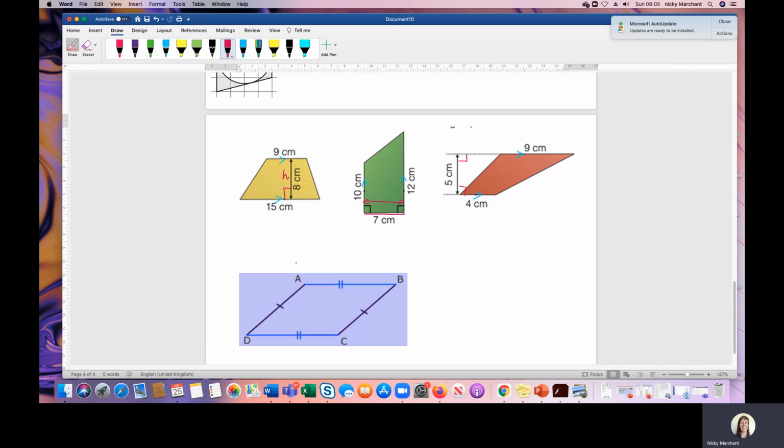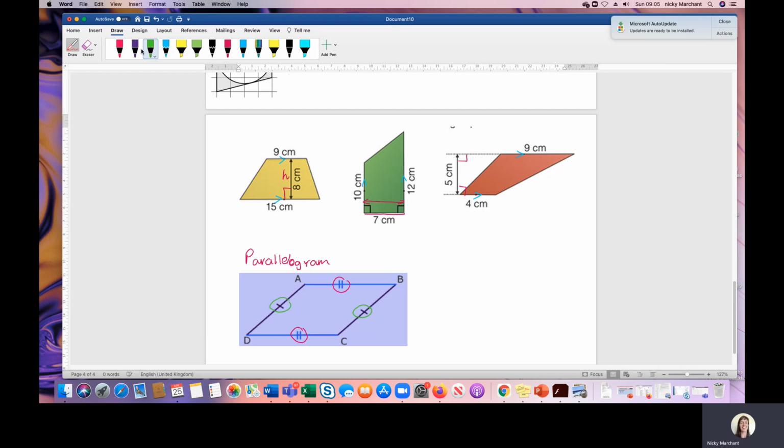Not to be mistaken with a parallelogram. This is a parallelogram. That has two pairs of parallel sides. The top side must be the same length and at the same angle as the bottom, and the two side pieces must be in exactly the same direction as each other and the same length.